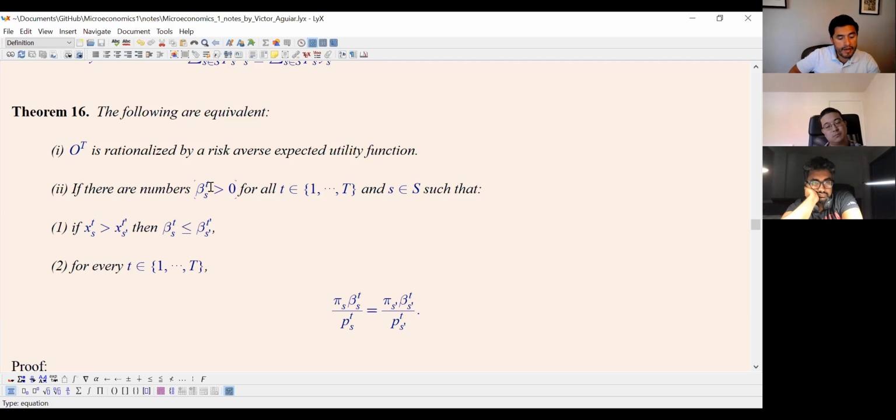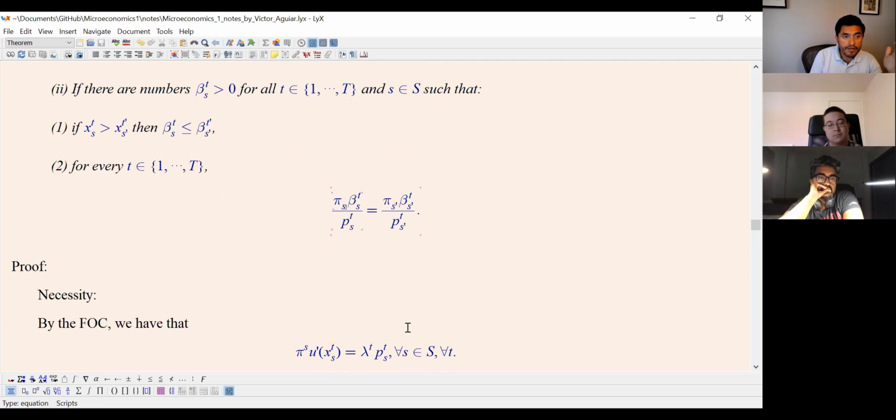And then the first order conditions have to hold. That means that for any 2 states of the world, for any trial, it has to be that pi_S V_S^T divided by P_S^T is equal to the probability of the other state, pi_S prime, times the marginal utility of the other state, V_S prime^T, divided by the price of the other state in that particular trial.